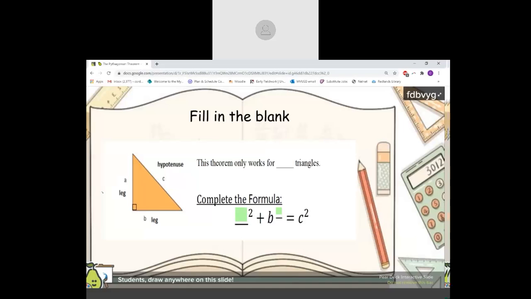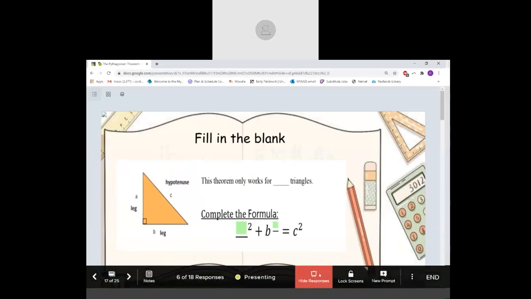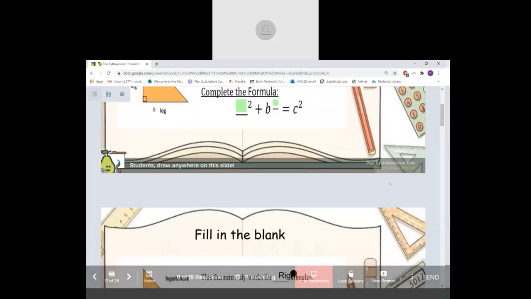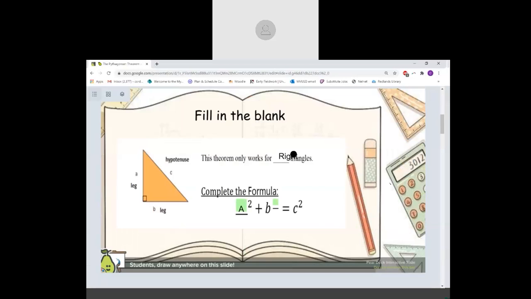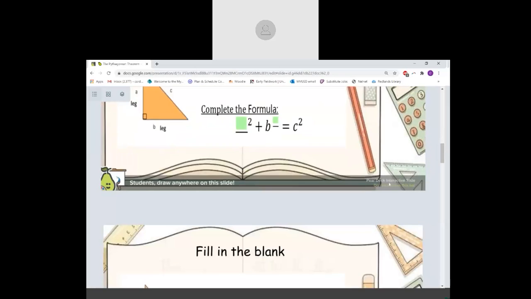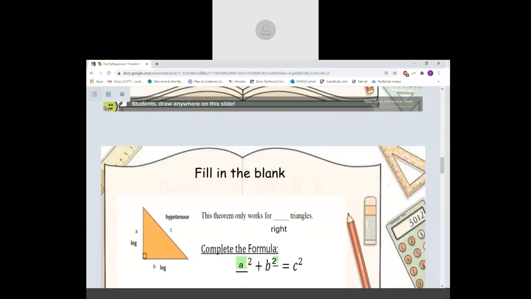All right, guys. So this theorem only works for blank triangles. Go ahead and fill that out and then complete the formula for us. What should be the first variable there? And what should be the exponent on that? Good. I see right triangles. Good. A squared plus B squared.